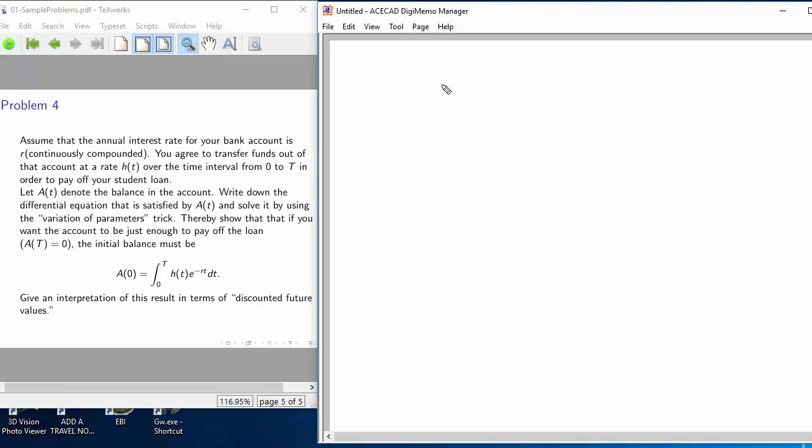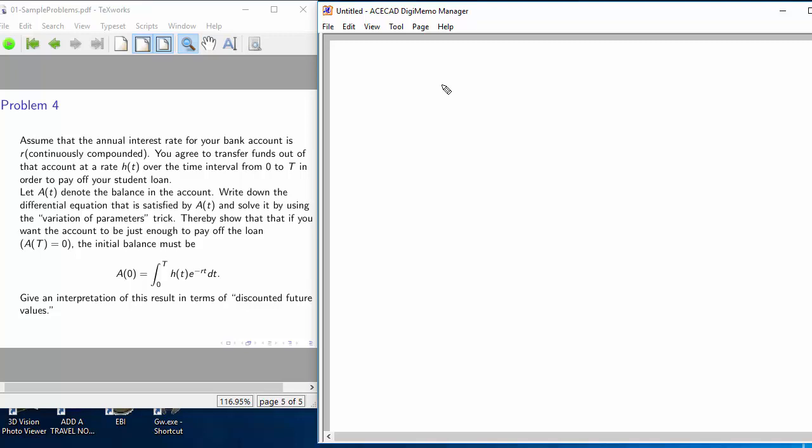What you're trying to do is pay off your student loan, and the way you're going to do this is you're going to extract money out of your bank account at a rate h of t. Could be constant, but it could be a function of time.